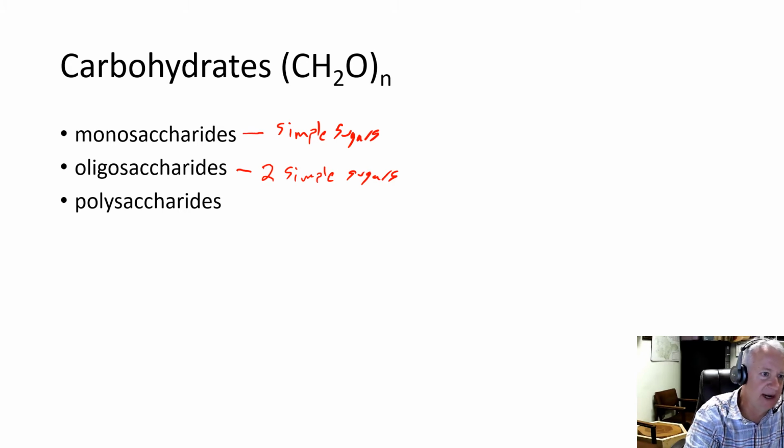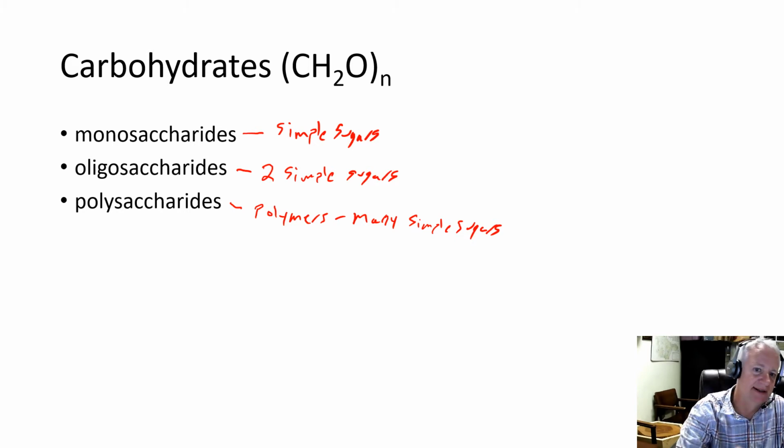And then the polysaccharides are polymers consisting of many, so hundreds or thousands, of simple sugars bonded together. So we'll talk about examples of these three categories and their functions in tree physiology.